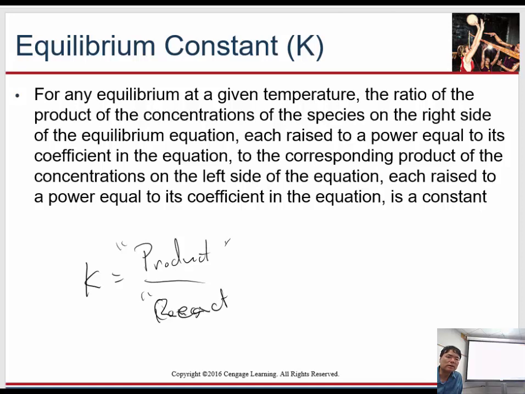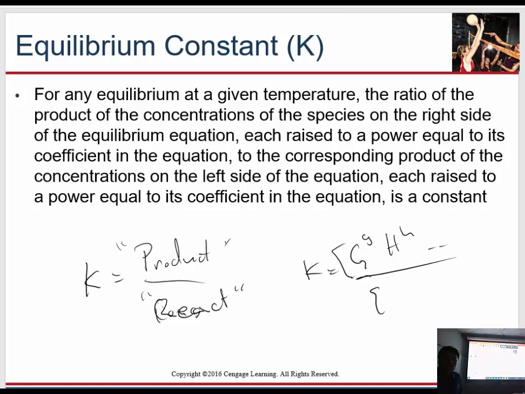Officially, K is given by some generic product raised to a power. These are concentrations here. What, the light went off? Go turn on the light again. And the equilibrium constant is this.